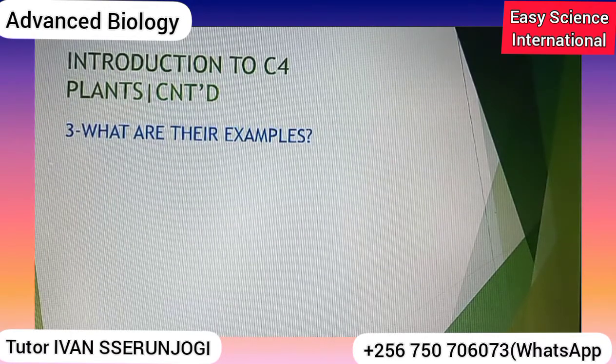Well, our third question, what are their examples? We want to look at some of the examples of C4 plants.